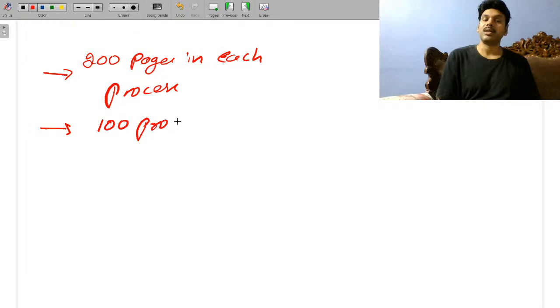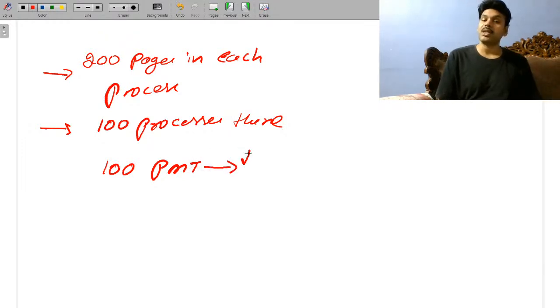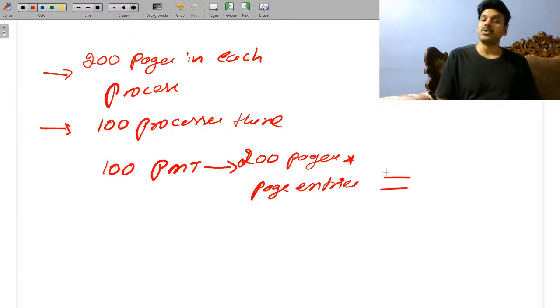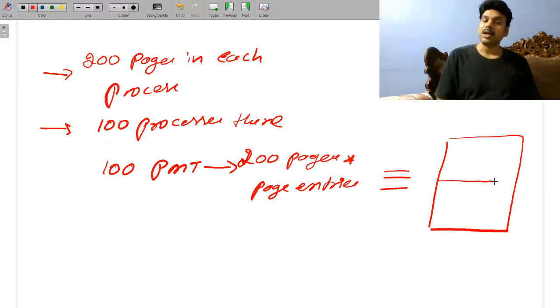If there are 100 processes, then you need 100 page map tables, and each page map table takes care of 200 page entries. Multiply by your page entry size, and you are going to waste this much of your main memory only towards your page map tables. Friends, therefore understand, it is going to store page map tables of this much size.